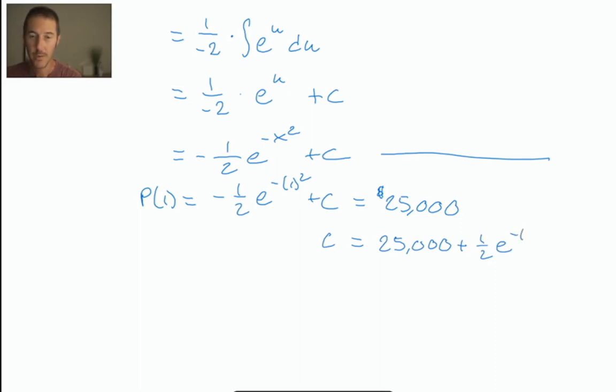And now I'm going to go into my calculator. 1/2 e to the -1 is not a very big number, so this is going to be a little anticlimactic, but I'm going to use my scientific calculator for this one.